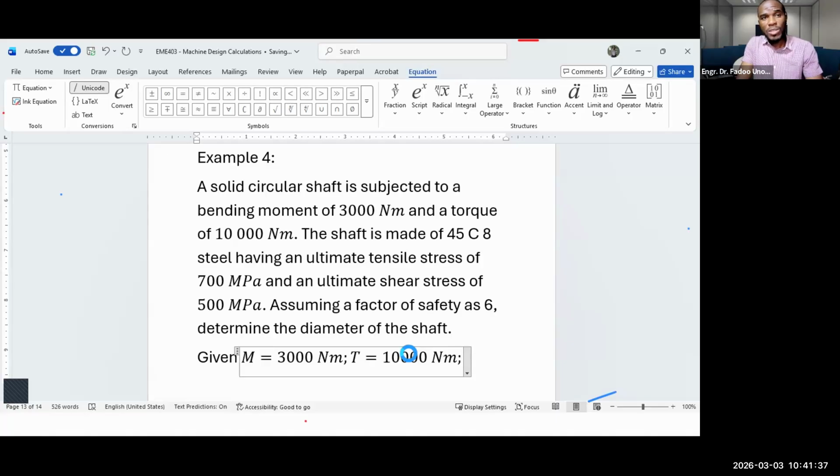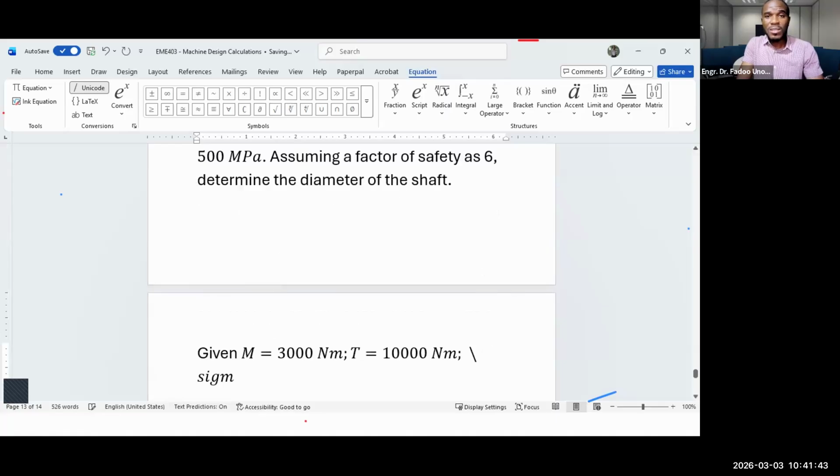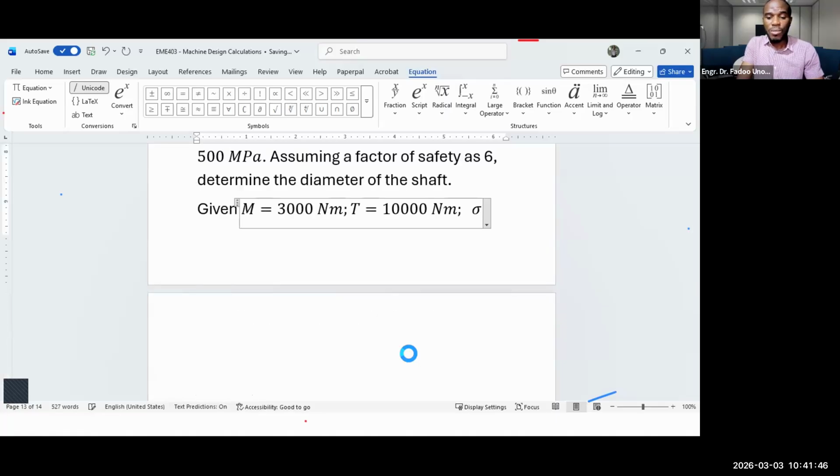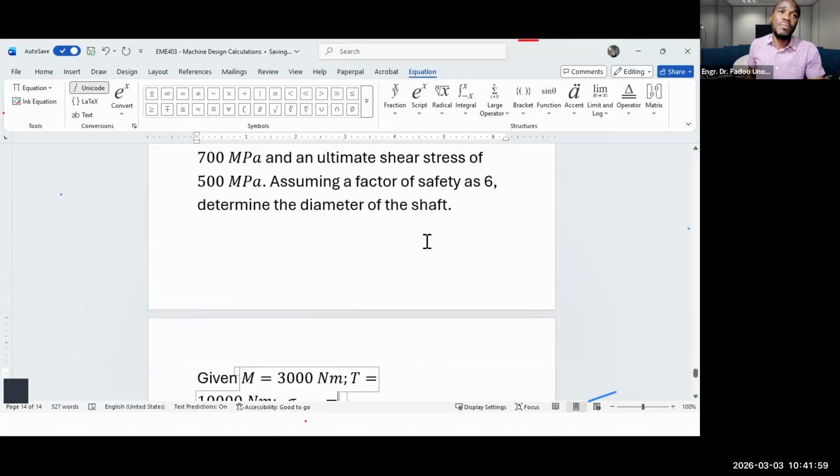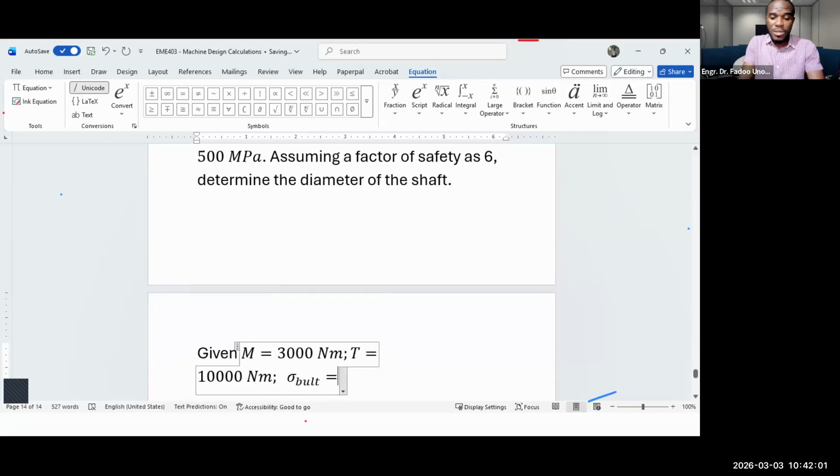Then we were told that the ultimate tensile stress, that is sigma sub B, is given as, what's the value? 700 megapascals, which we will leave that way.